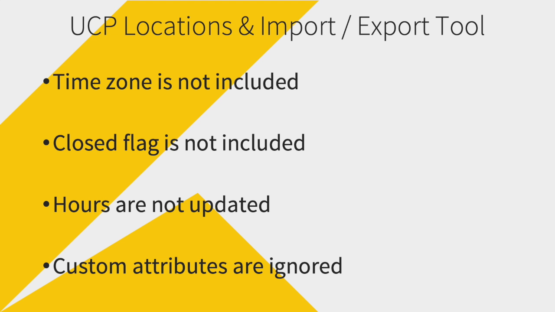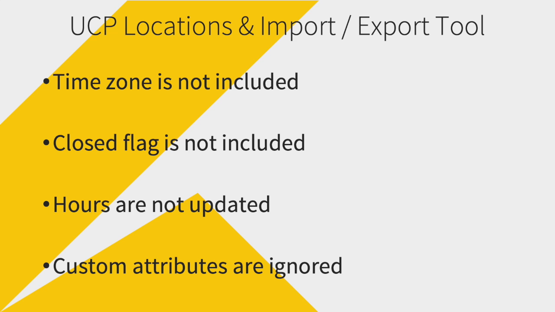When locations were updated as a part of the Unified Commerce Platform project, which brought Classic Ecom and Classic OMS together, changes to the locations were not included in the import-export tool.